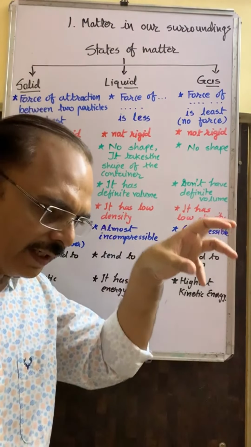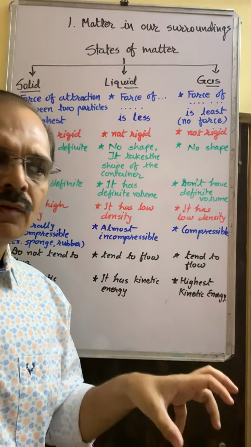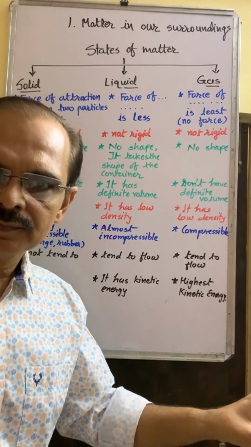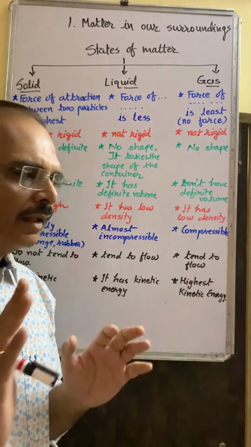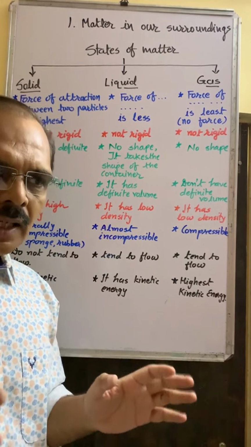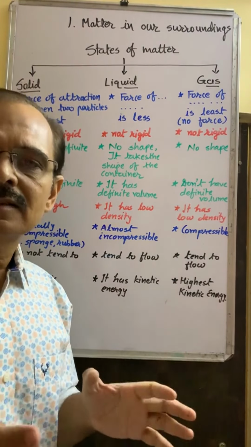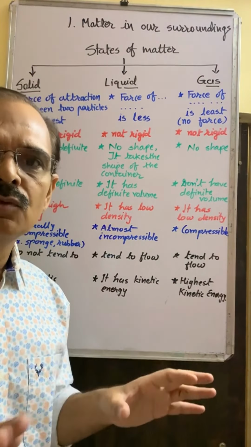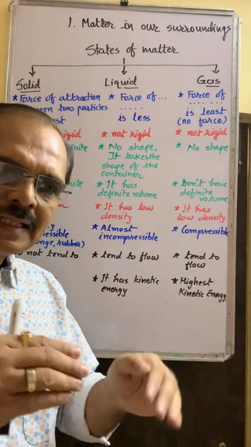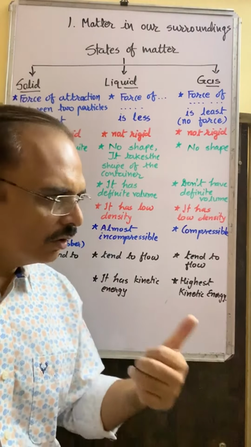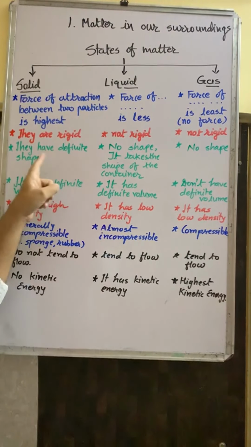Solid is restricted at a certain place until we apply force. If you apply force, then it can move. Okay, it is a very simple thing. But without applying any external force, we can't move an object which is solid, or the solid itself cannot move. Is it okay?